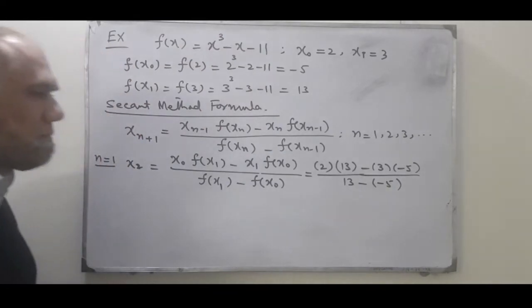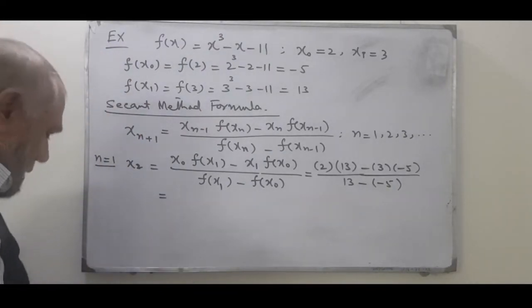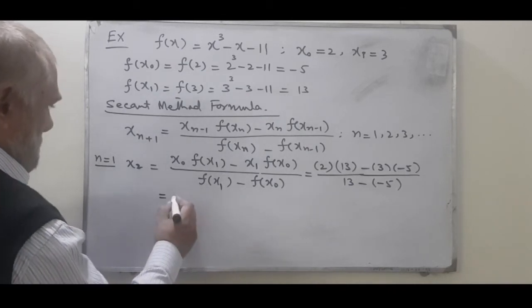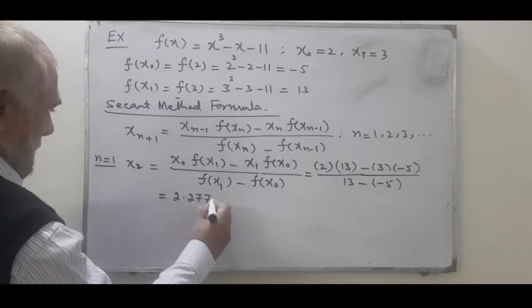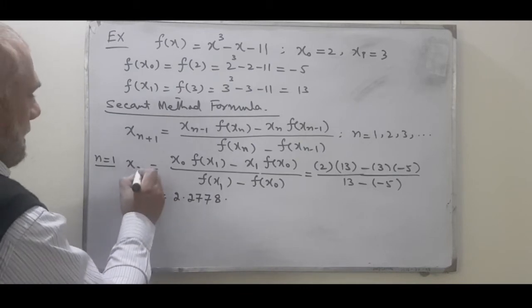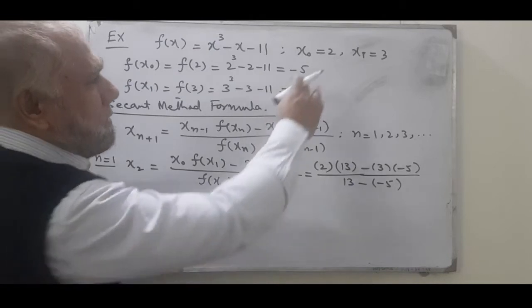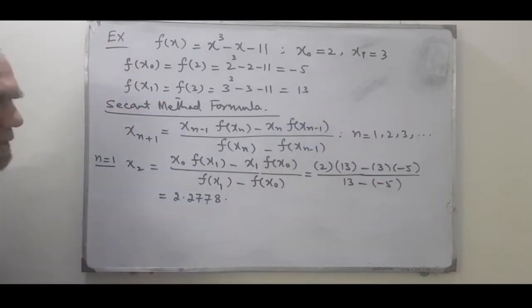Now you can use your calculating devices, and the net result is equal to 2.2778. So this is the result for the first better approximation on the basis of the two initial starting guesses x0 and x1, up to 4 decimal places. You can increase the decimal places according to your requirement, otherwise this is sufficient.